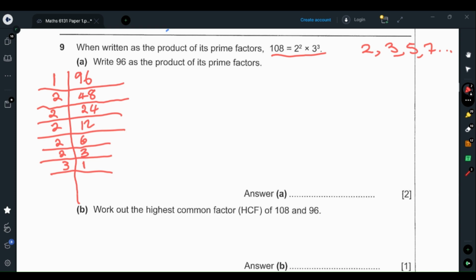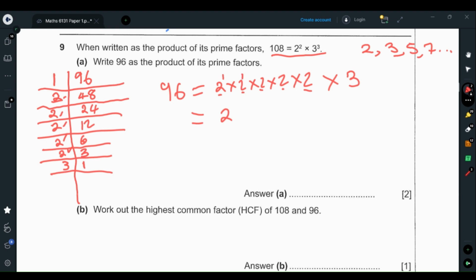So 96 as a product of its prime factors goes to 2. How many 2s are there? 1, 2, 3, 4, 5. So 2 times 2 times 2 times 2 times 2, that is five 2s, times 3.